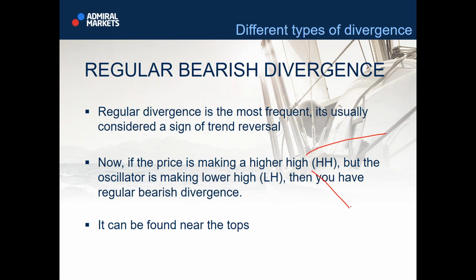It can be found near the tops, and it's very effective if you use it in conjunction with historical swings, daily, weekly, and monthly pivot points. If you see that there is a rejection of a pivot point, let's say monthly, daily, weekly, whatever, just pay attention to MACD. Usually that rejection will be accompanied by a divergence. Okay, pay attention to it.